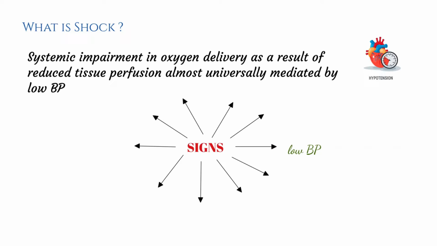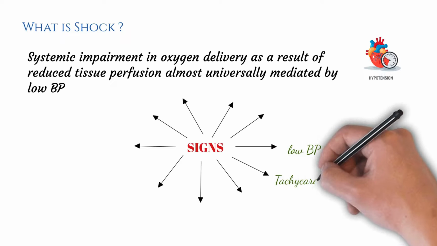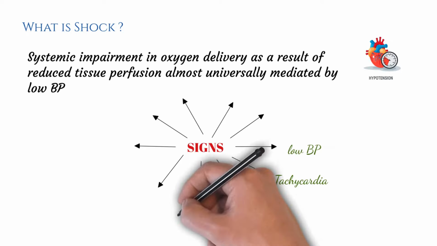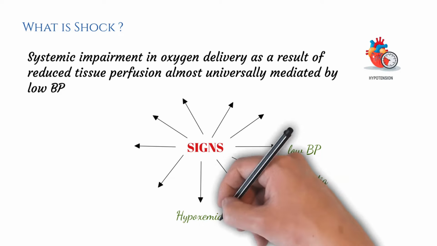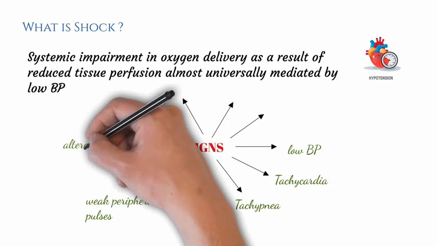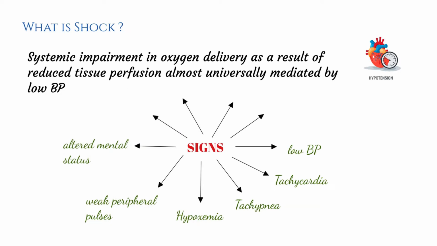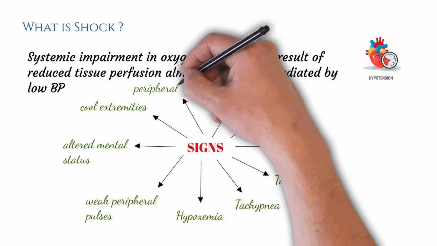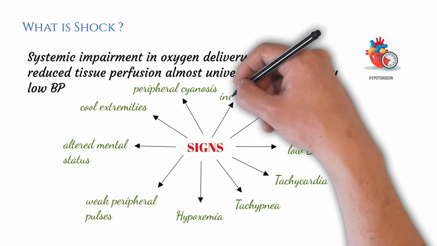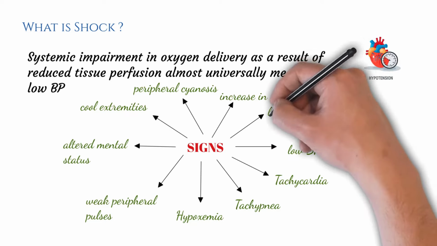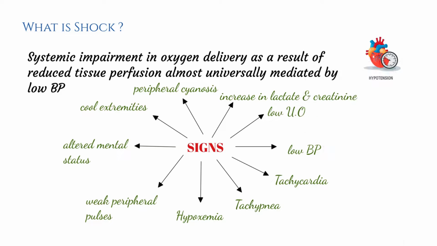So the first sign will be low BP, the second sign is tachycardia, there can be tachypnea, there is hypoxemia as a result of decreased oxygen delivery, there are weak peripheral pulses, there is altered mental status, the extremities are cool, there is peripheral cyanosis, and there is an increase in the lactate and creatinine level, and lastly there will be low urine output. So these are the various signs in patients suffering from shock.